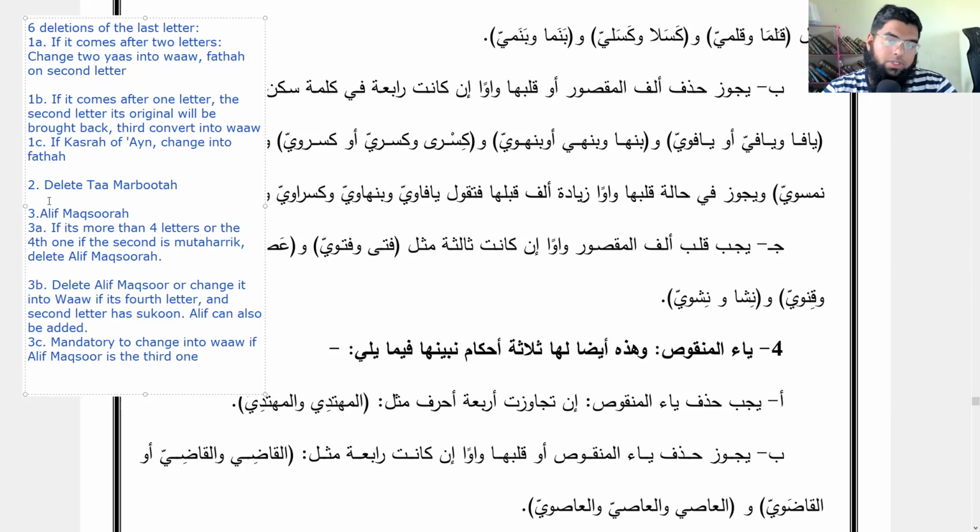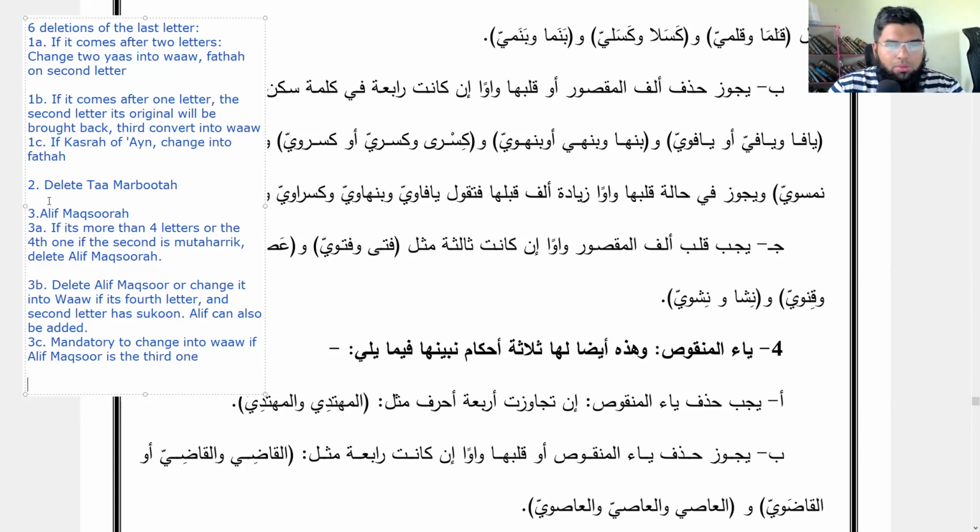Fourth letter, we have to see if it has a sukoon or if it doesn't have a sukoon. If it has a sukoon, you can do two things: change into wow or directly delete it. If it is more than 4, cool. Or fourth and more than 4, you can delete it if the second letter has haraka. Someday we should make some mind maps and all that, no? Or like a flow chart.